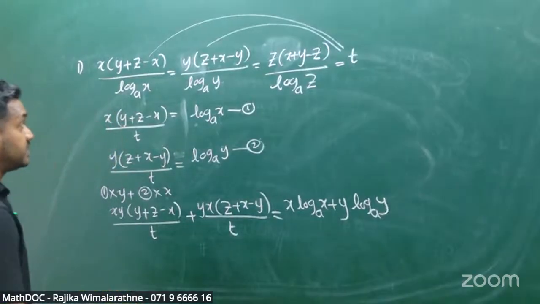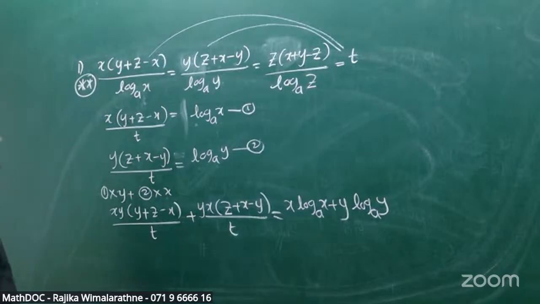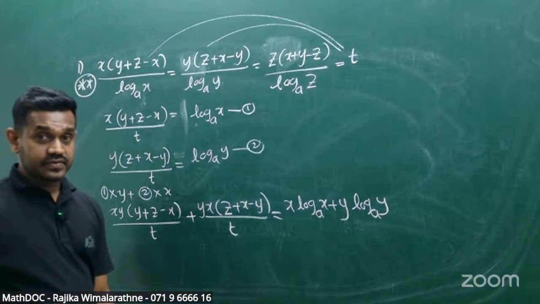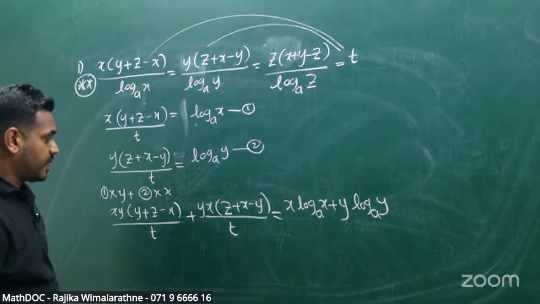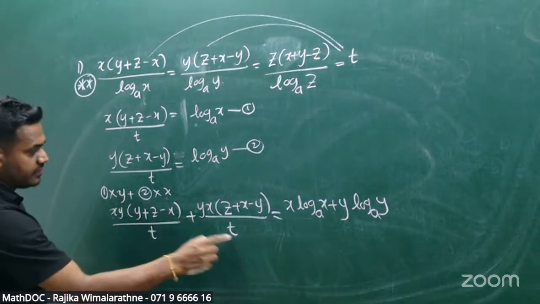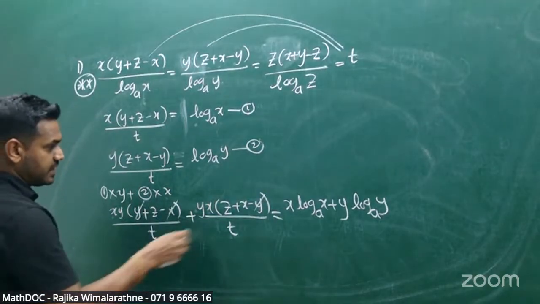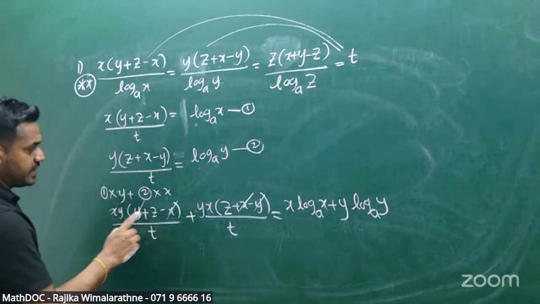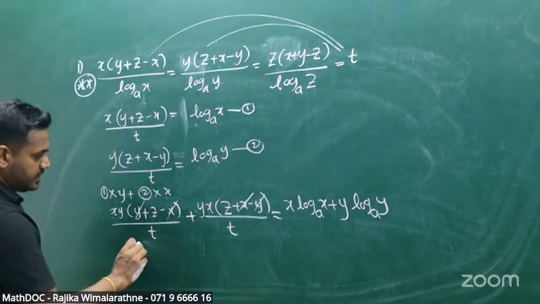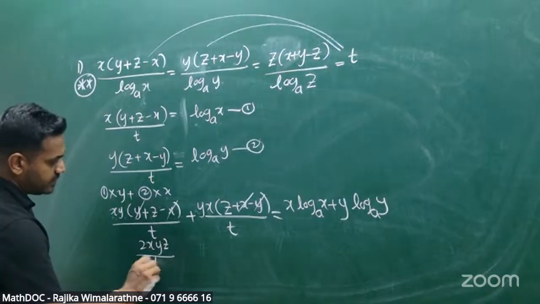This is a special question, okay? So you better practice these questions again and again. Then when you see this, xy over t common, then you can cancel y, you can cancel x, then xyz, then 2xyz over t.